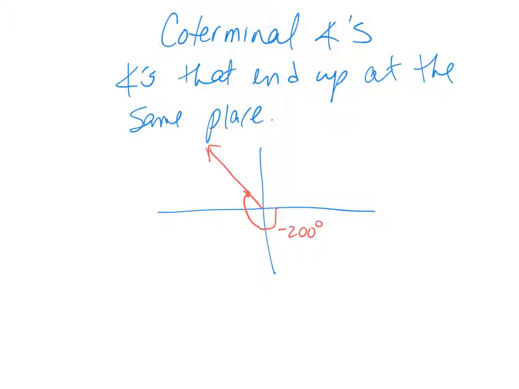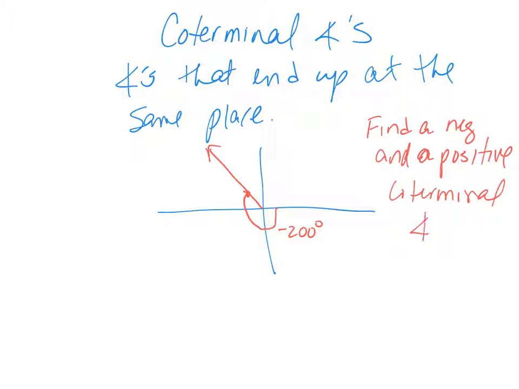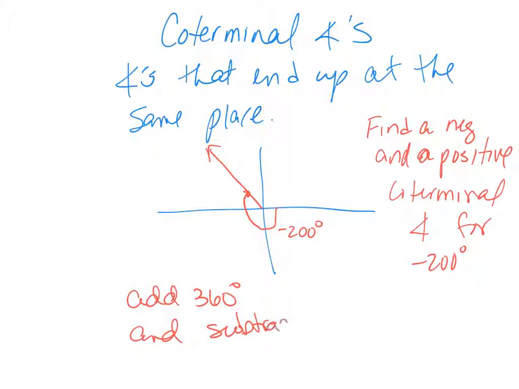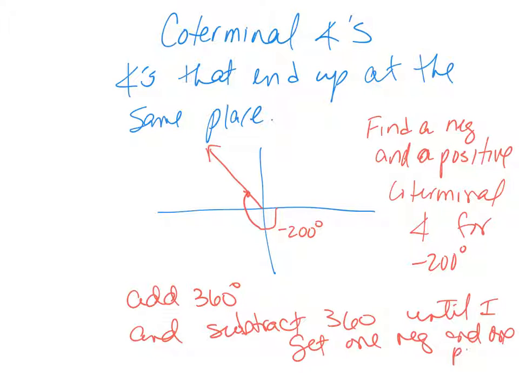If I want to find a negative and a positive coterminal angle for negative 200 degrees, I am going to add 360 and subtract 360 until I get one negative and one positive.